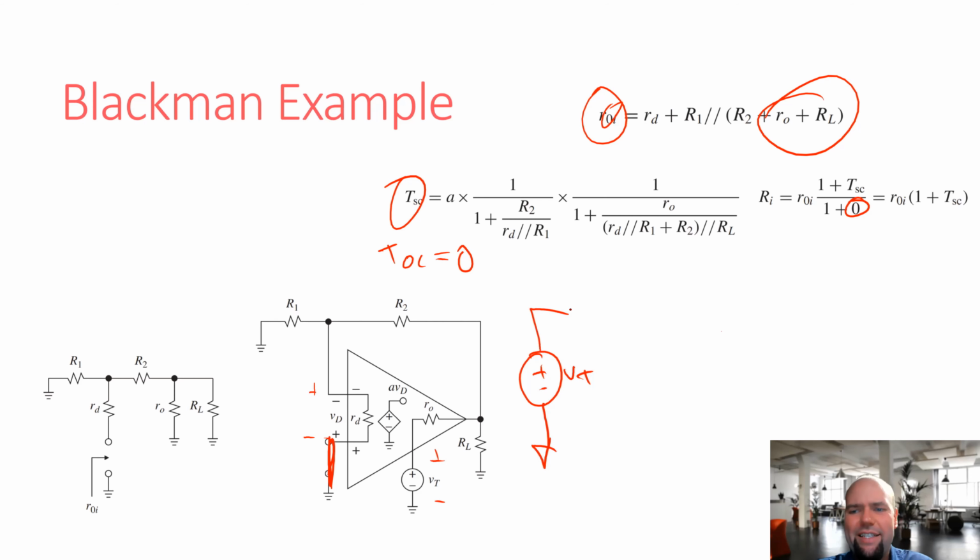Why do we say V test? Because all we're looking for is a ratio. It doesn't matter what this test voltage is. If you want to do it numerically, you could choose 1 volt or whatever. All we care about is the ratio. That's why when I do the voltage divider, I really only do the ratio resistor part of the divider, because the output equals input times that ratio.